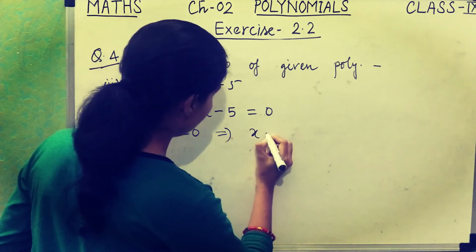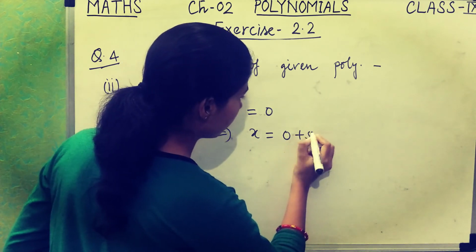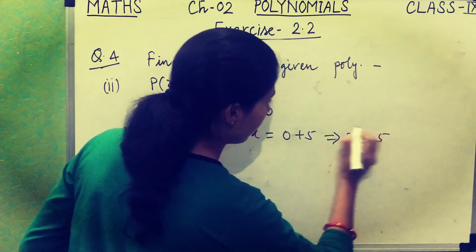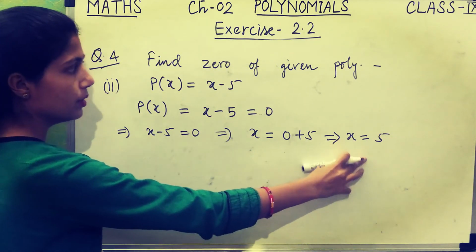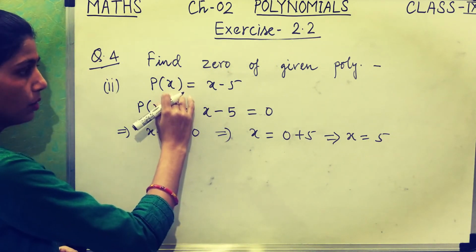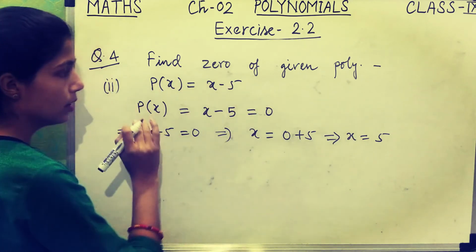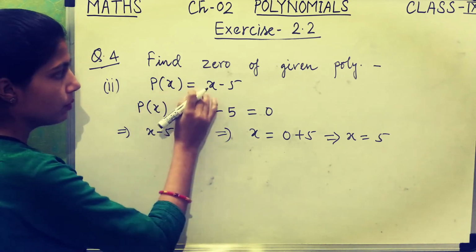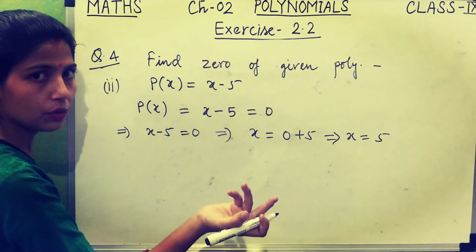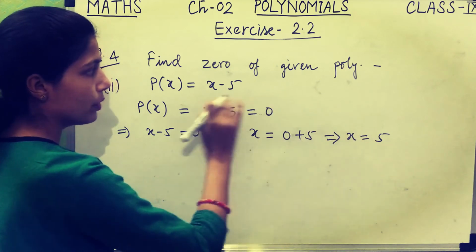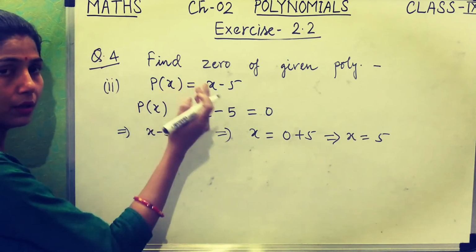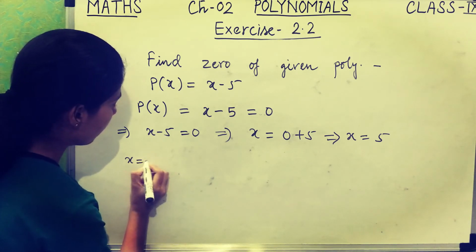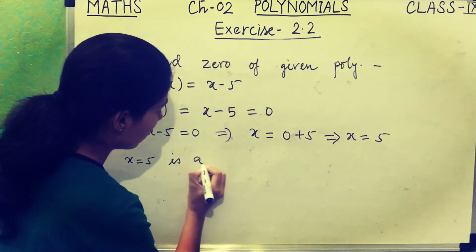So x equals to 0 plus 5, x equals to 5. So this value is the 0 of this polynomial. You can check it by putting this value in the given polynomial. P(5) will be 5 minus 5 equals to 0. So at x equals to 5 you are getting the value of the polynomial 0. So we will write it as x equals to 5 is a 0.